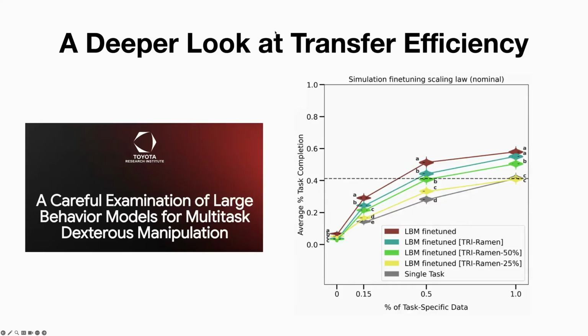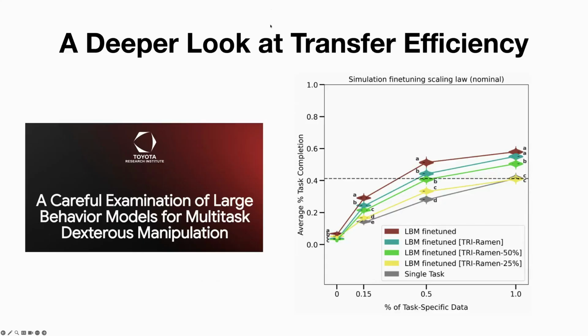I think it's hard to really study this in robotics unless we have a systematic investigation. And I feel very fortunate and very grateful that TRI this past year published a great technical report on a careful examination of their large behavior models for exactly this setup. This is one of the figures from the paper, where they vary the amount of pre-training data.